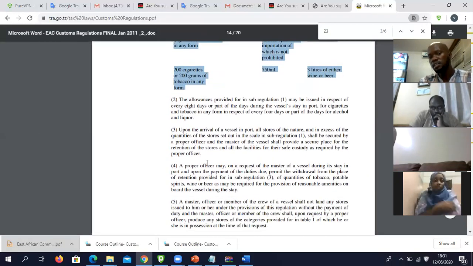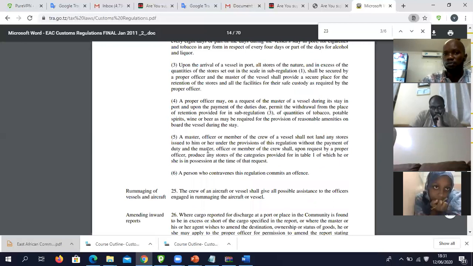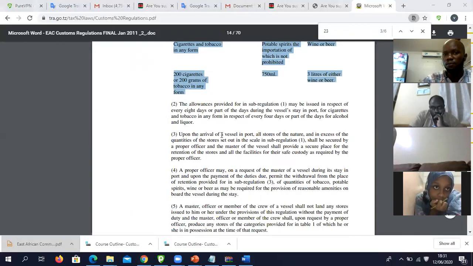Okay, let's read some part of it so that we can understand it in full. The allowance provided for in sub-regulation 1 may be issued in respect of every 8 days or part of days during the vessel's stay in the port for cigarettes and tobacco in any form, in respect of every 4 days or part of days for alcohol and liquor.